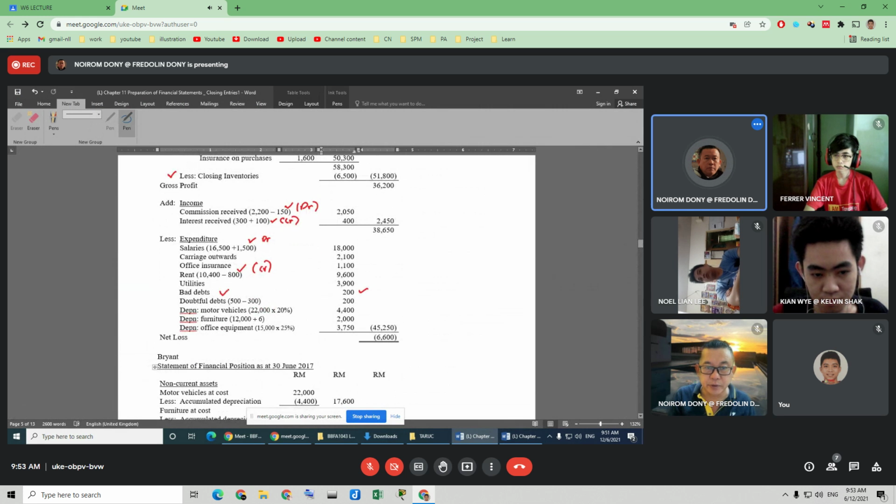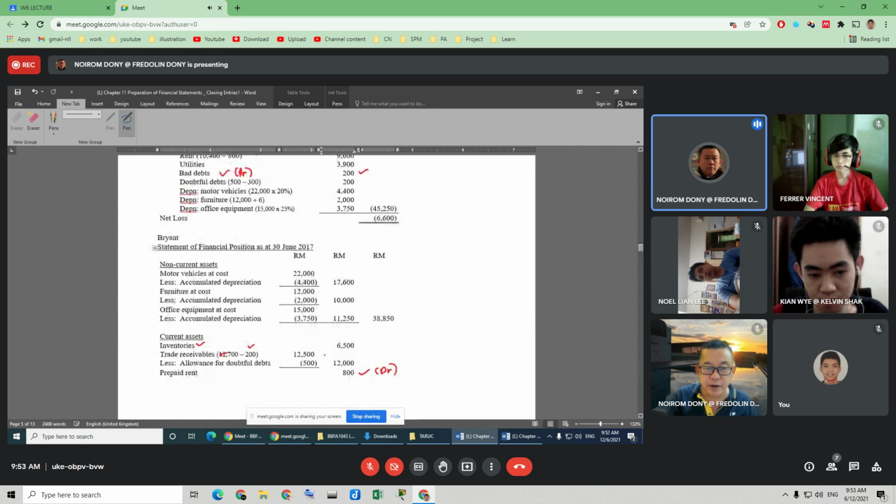Okay, bad debts. So this is debit. When I minus under current asset, this minus, this is actually crediting. So complete double entry. Next one.